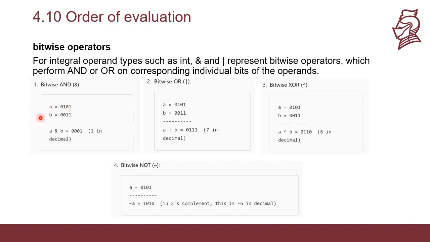And then B is 0011. So if you do A and B, what happens is each bit is compared and ANDed together. So the result of this would be 0001. Why is that? Because the first bit, the rightmost bit, B is a 1 and A is a 1, so A and B is 1.